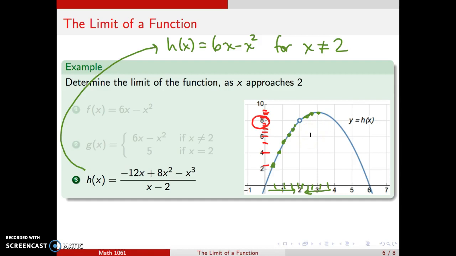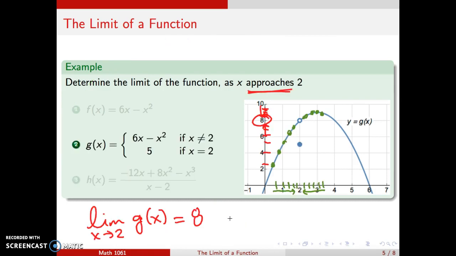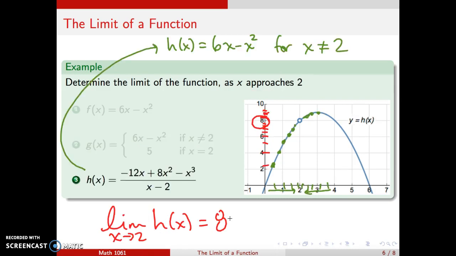So again, h of 2 doesn't equal 8, but h of x approaches 8 as x approaches 2. In that limit language, what we say is the limit as x goes to 2, or x approaches 2, of h of x is 8. So 3 graphs that looked very, very similar. They're different functions, but we've got a similar sort of thing happening.